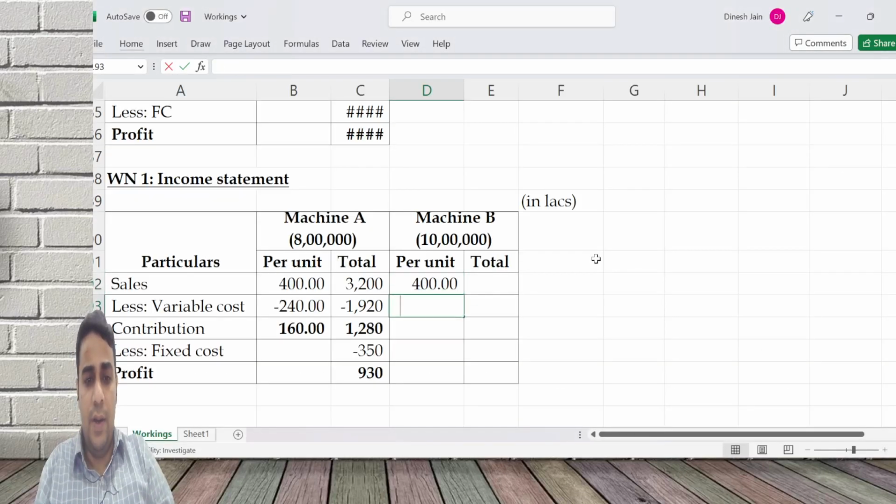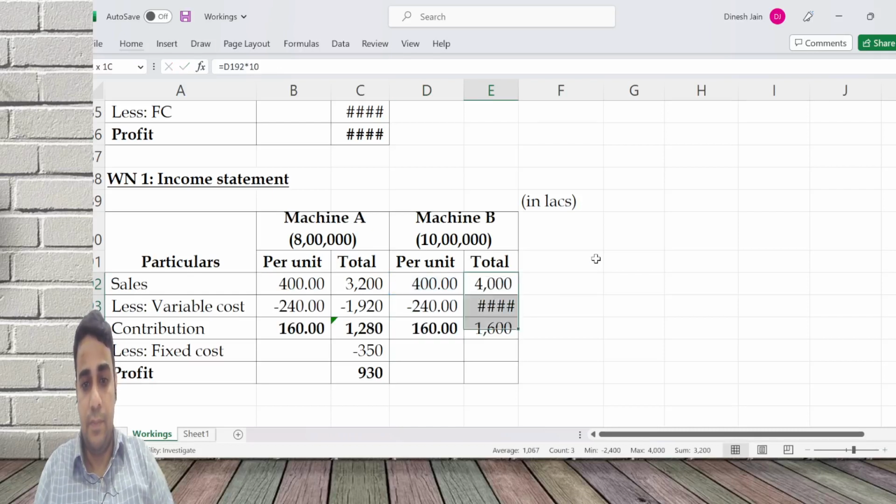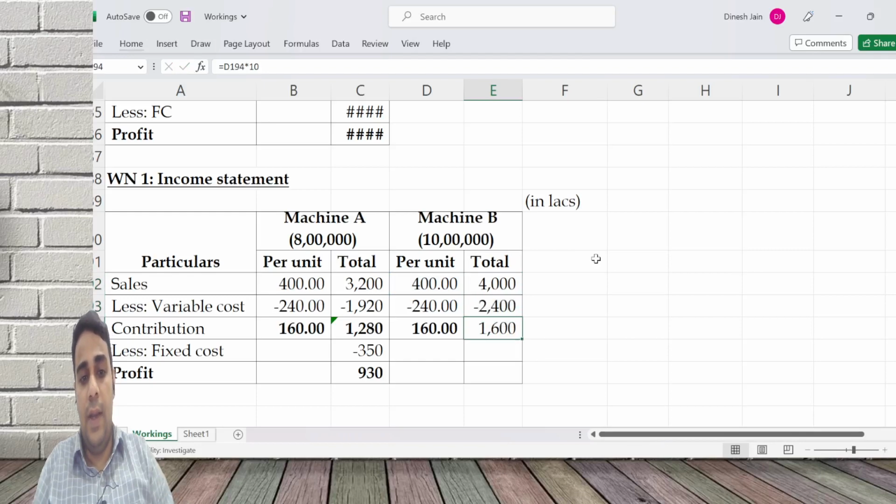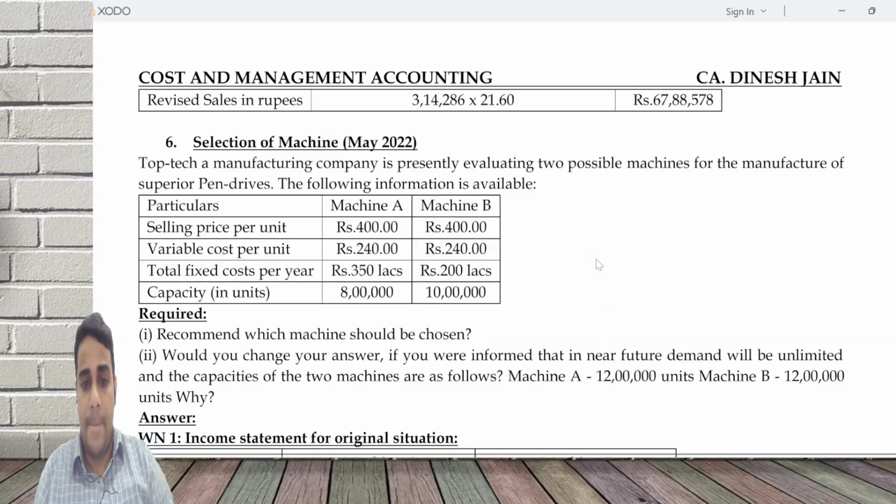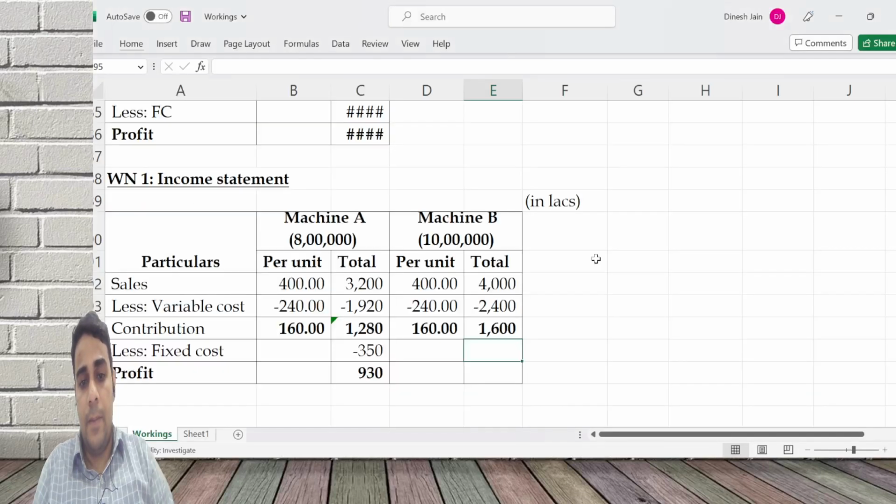Same 400, 240, 160, same numbers, but this is for 10 lakh units. Fixed cost is 200 lakh.